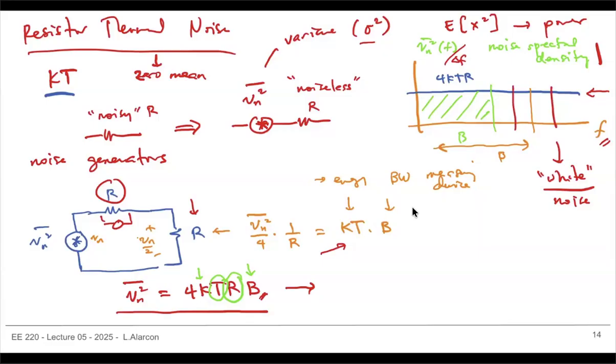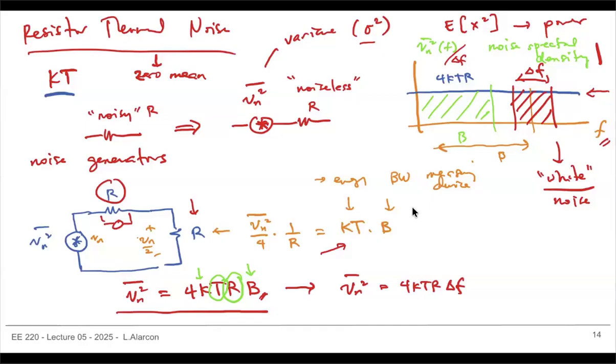I can take any bandwidth here and get the noise over a certain delta F. So for thermal noise, some books would write out Vn squared equals 4kTR delta F. Just make sure that delta F is the bandwidth of what you're talking about.